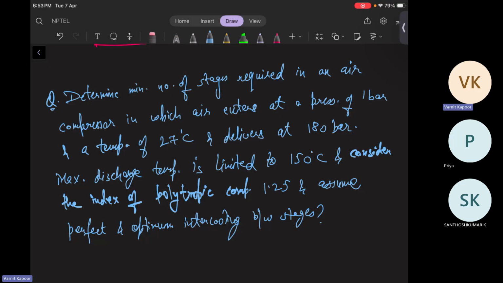Okay, have you done? Have you solved what will be the minimum number of stages? Santosh, Priya, what will be the answer?